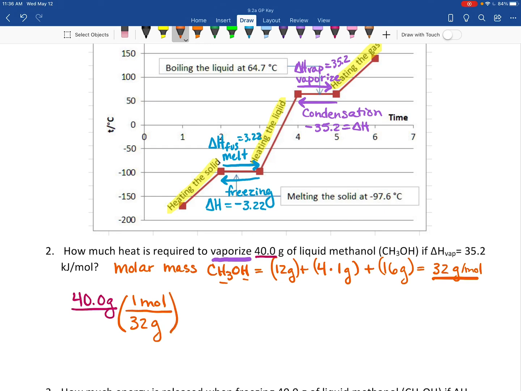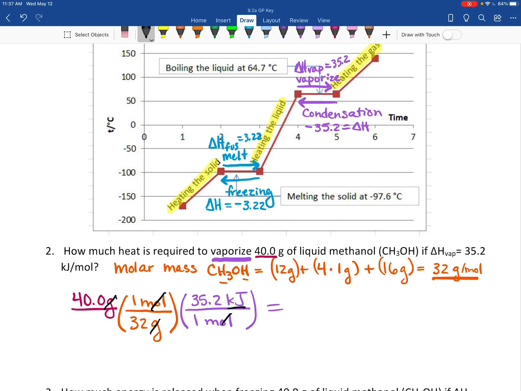And then finally, we're going to use that heat of vaporization. For every 1 mole of methanol, it is 35.2 kilojoules of energy to vaporize. So grams cancel, moles cancel, we're left with kilojoules, which is what we want.